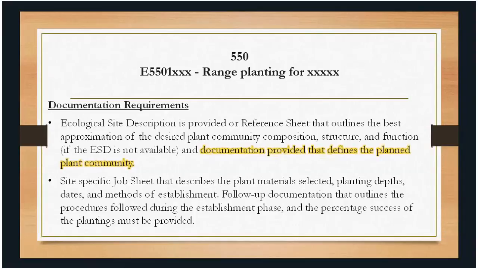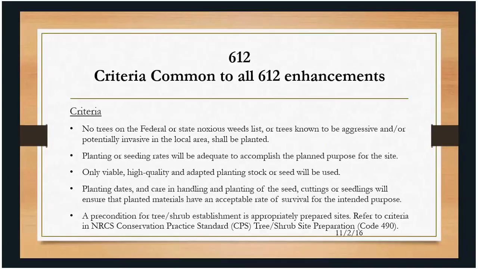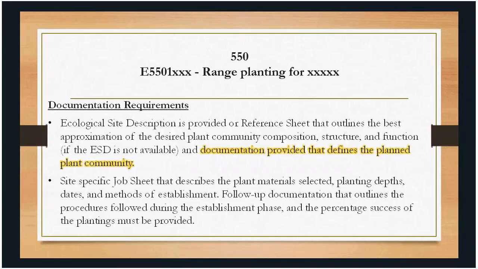Documentation provided that defines the planned plant community. That's what that means. So you're going to do a site-specific job sheet. This is why we want you to use the spec sheets that we have for these practices. And go back. Range planting.